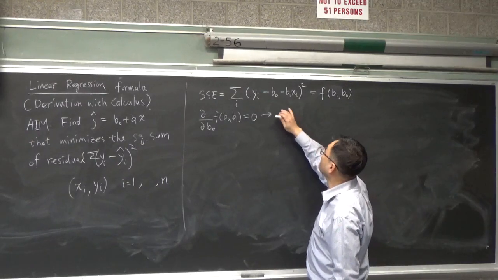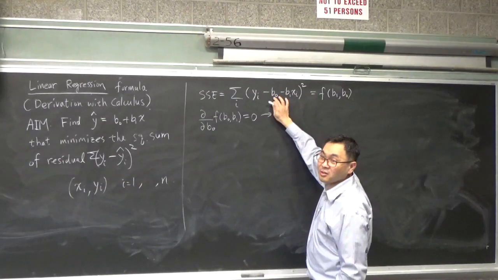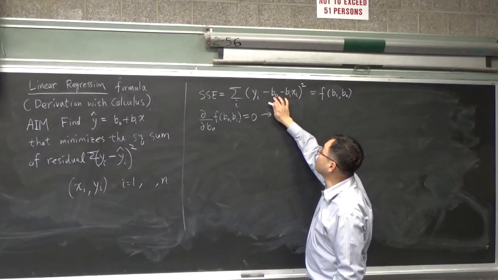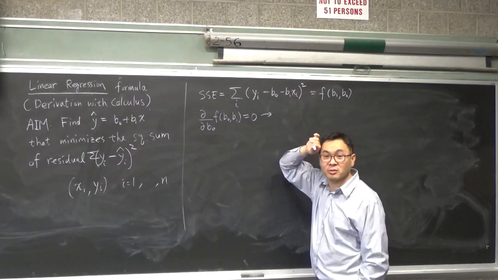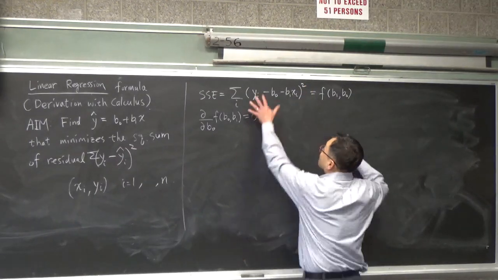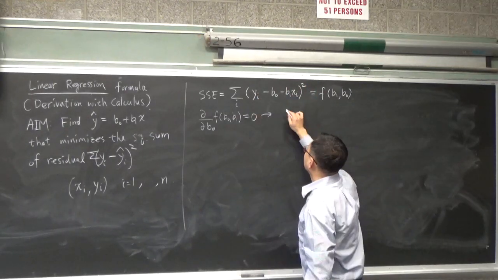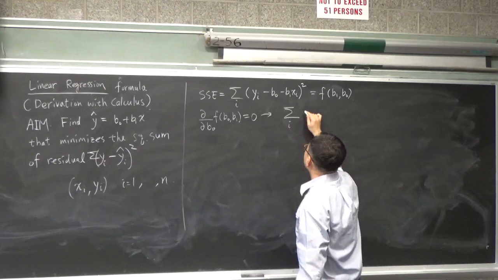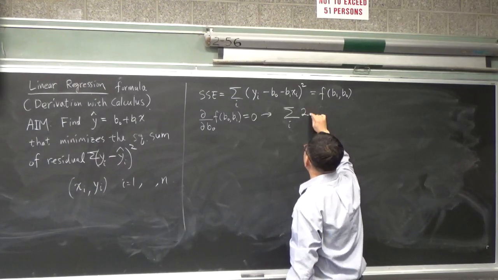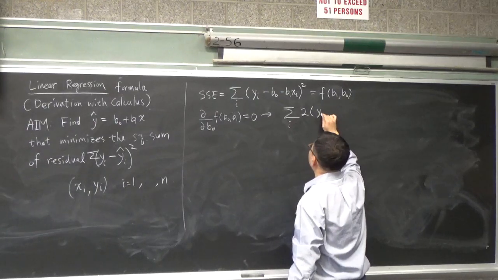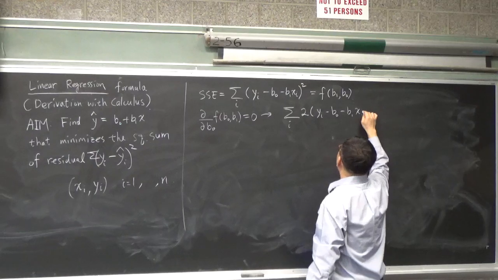Now let's write down what that means. Hopefully you didn't forget your calculus. Just pretend that these are some numbers and this is x. Okay? So if you have something nested inside, what rule do you use? Chain rule. So think of the entire thing as just x. So you have x squared. When you differentiate, it will be, no, positive, sorry, 2 will come down, and you're going to get yi minus b0 minus b1 xi.